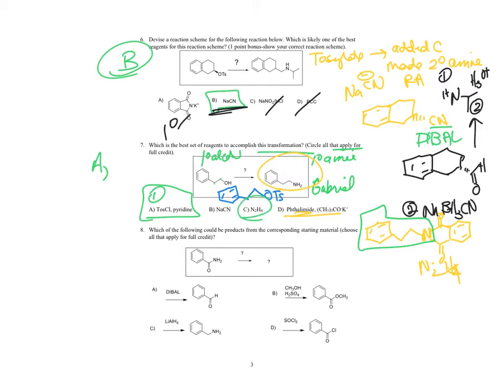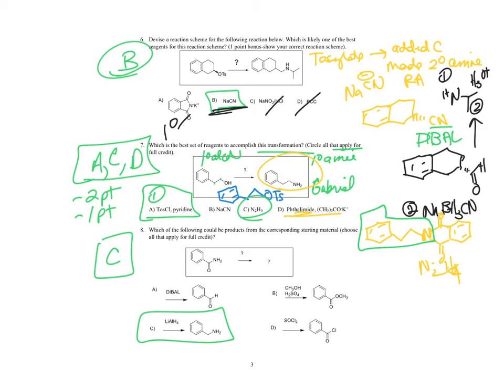So you need A, C, and D. If you choose B, that's a -2 points. And if you miss one of them, it is a -1 point.